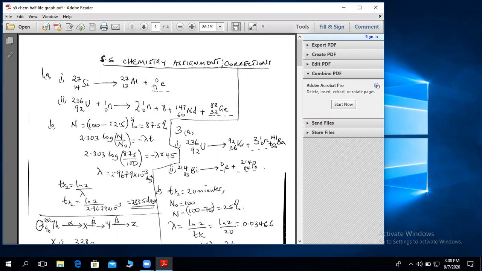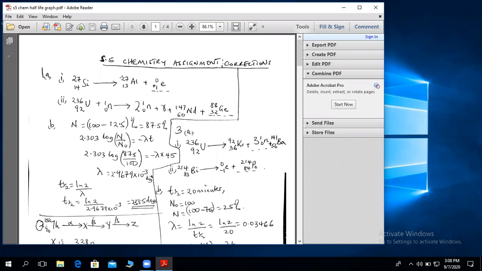So what you do when you are balancing these equations, make sure that at the end of it all, when you sum up the mass numbers on the left hand side, it should be equal to the mass number on the right hand side. For example, on the left hand side, the mass number is 27.